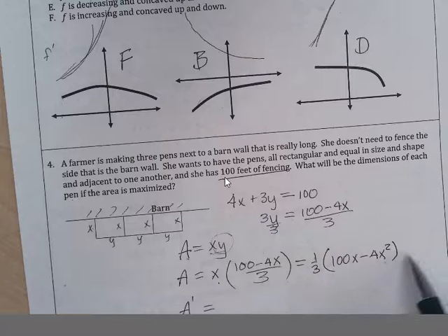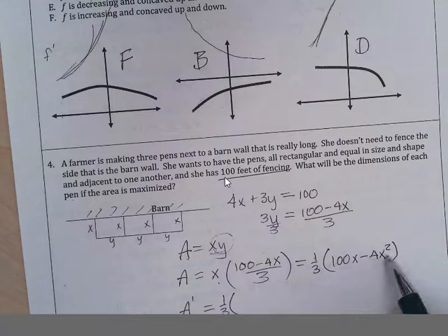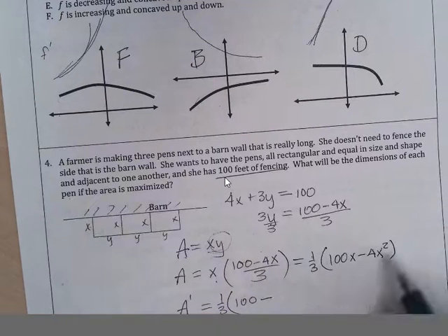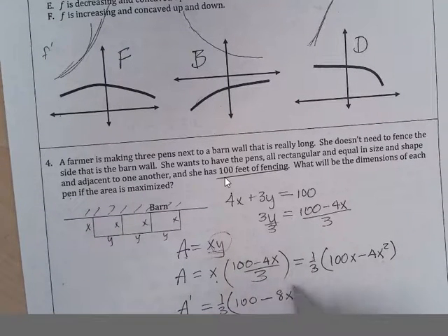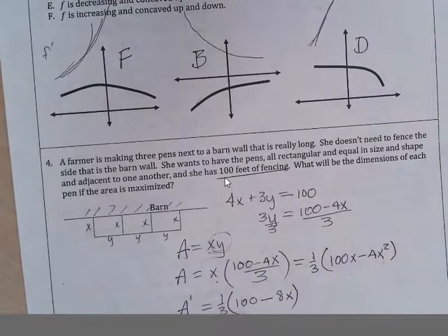The derivative of 1/3 of something stays 1/3 of the stuff, which is 100 minus 8x. For this to equal 0, 100 minus 8x must equal 0.